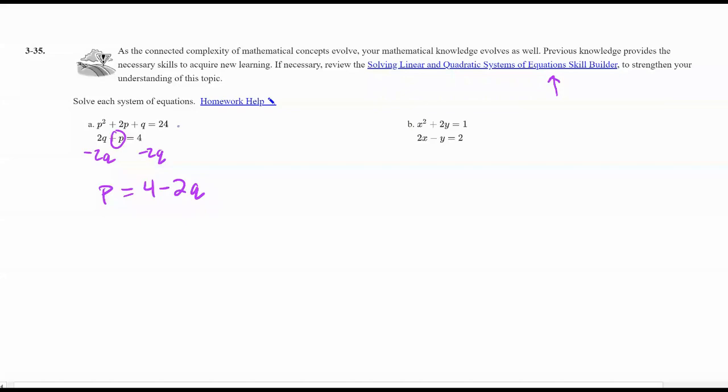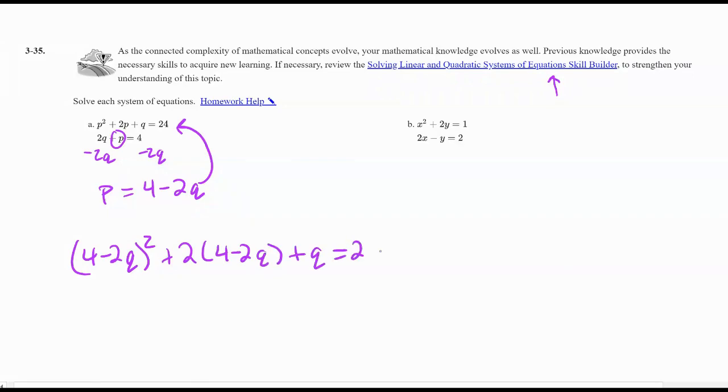Now I'm going to plug that back in to this equation and do a bunch of math. So (4 minus 2Q) squared plus 2 times (4 minus 2Q) plus Q equals 24.